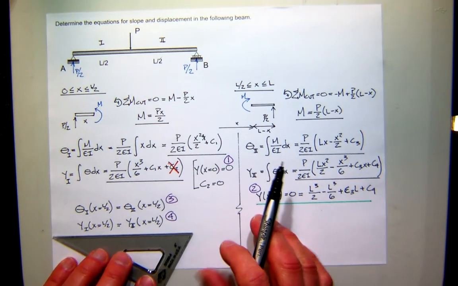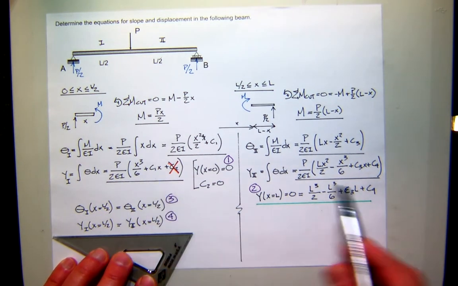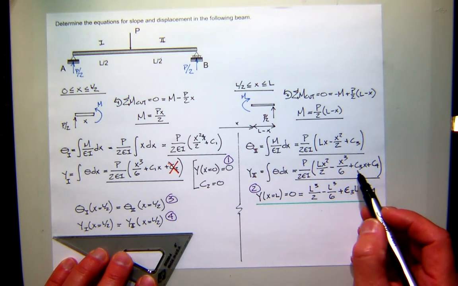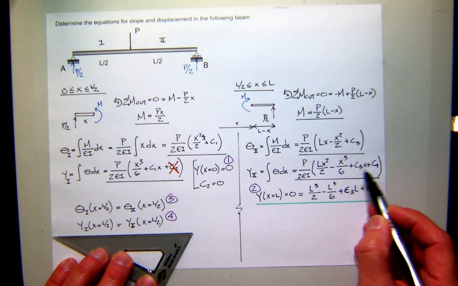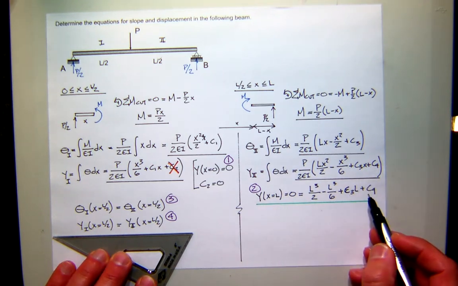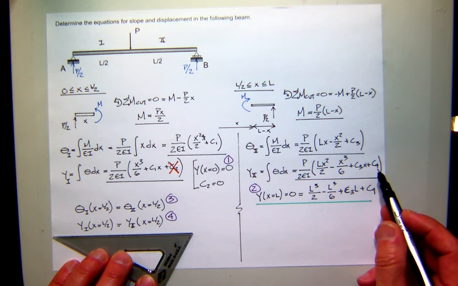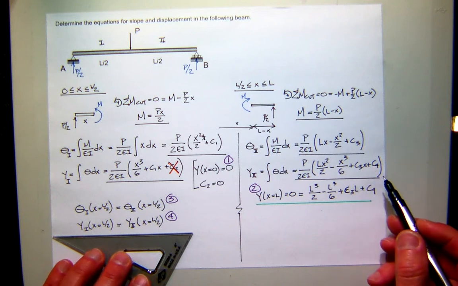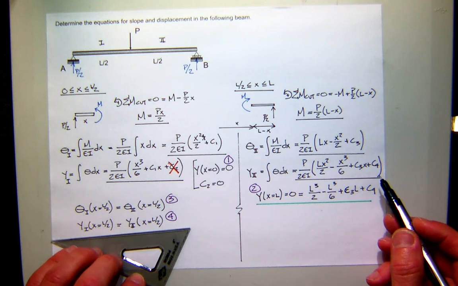The displacement equation, well, this one doesn't have any constants, but this has 3 and 4. You see that? Oh, I'm looking at the wrong one. This one has 3 and 4. And then, of course, your previous one also has 3 and 4. So now you have two equations in 3 and 4. But you have to solve them simultaneously. So that becomes a challenge.